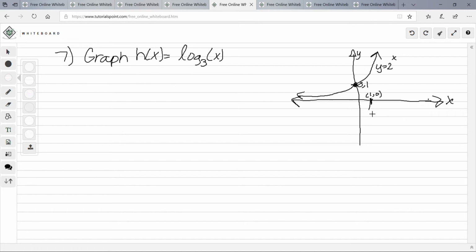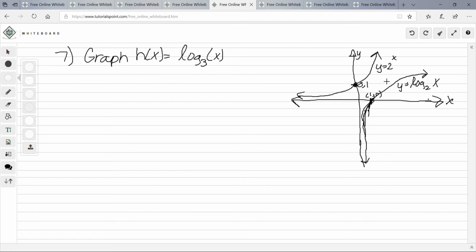So it's going to look something like this. It's never going to cross the y-axis. This could be log base 2 of x, right?